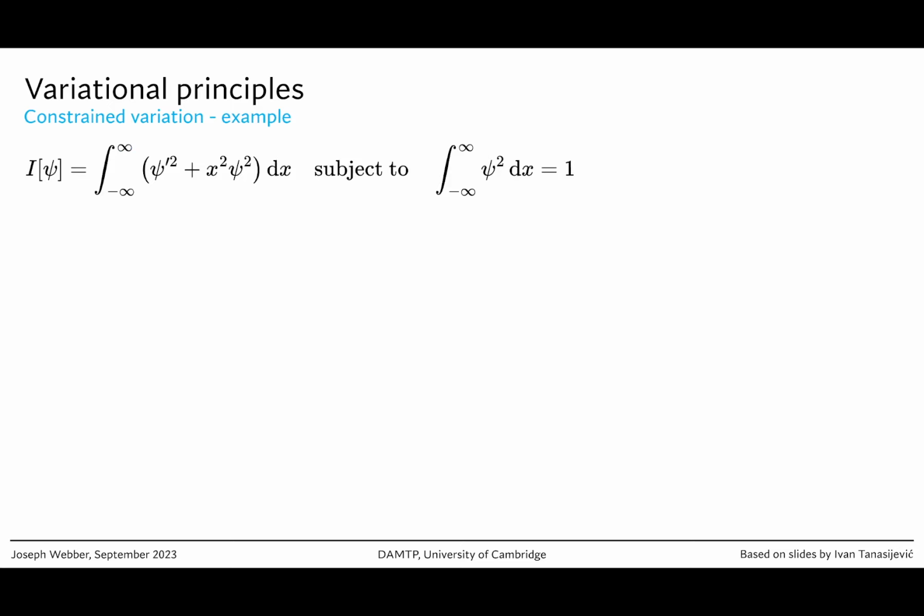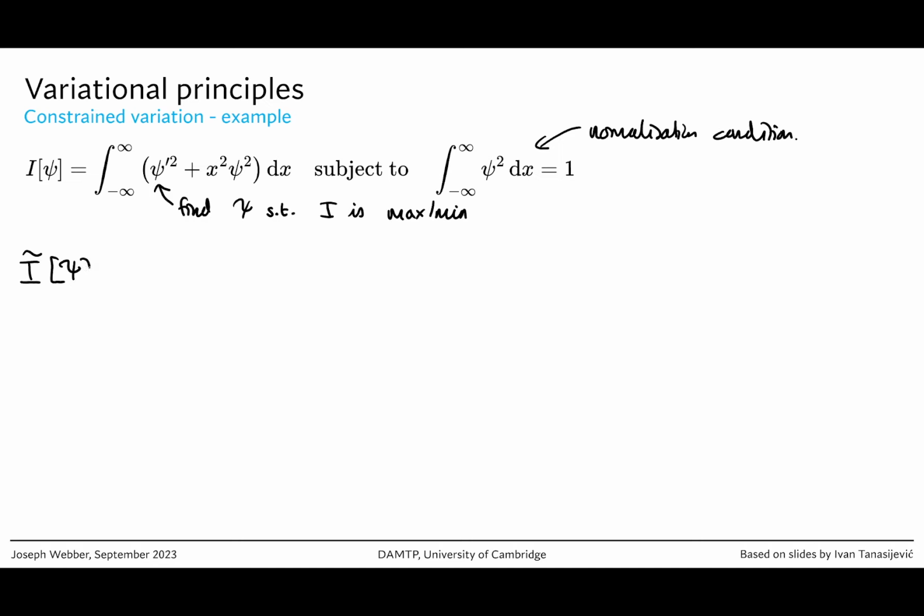We're wanting to extremize this functional. So we want to find psi such that I is max or min, subject to this normalization condition on psi. Okay, so what's the functional we need to consider?